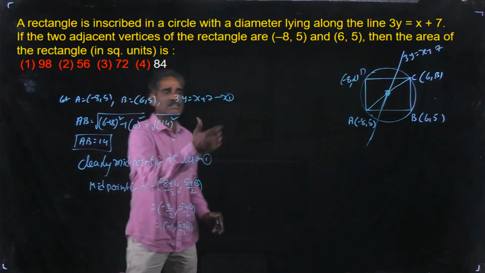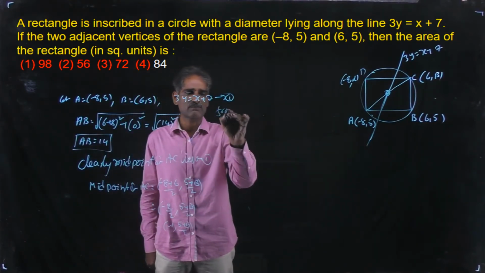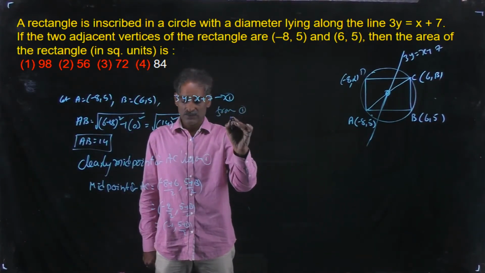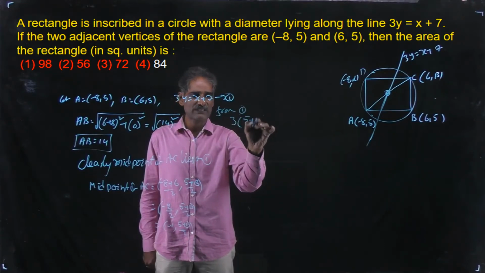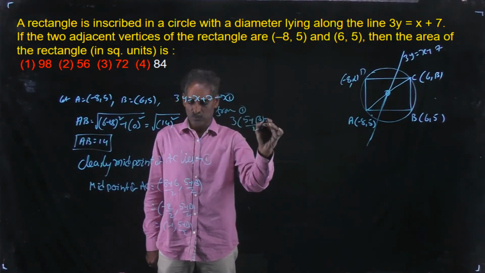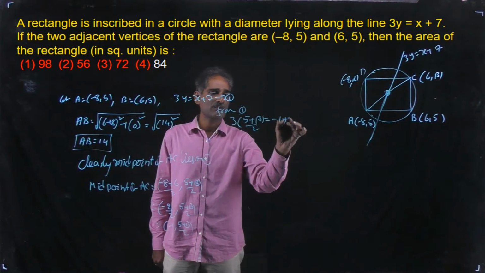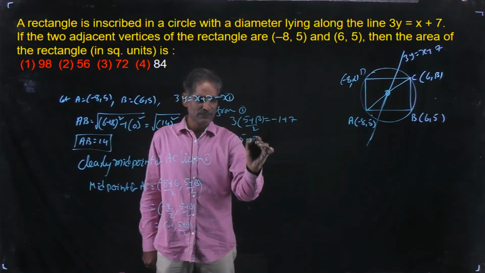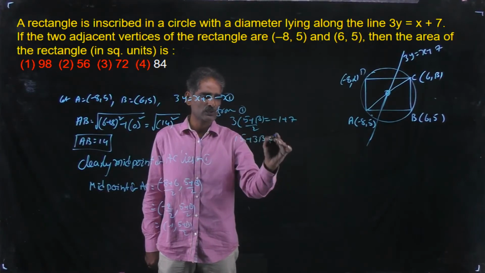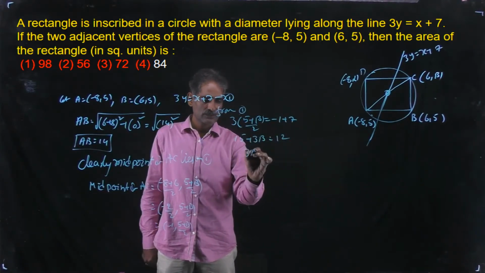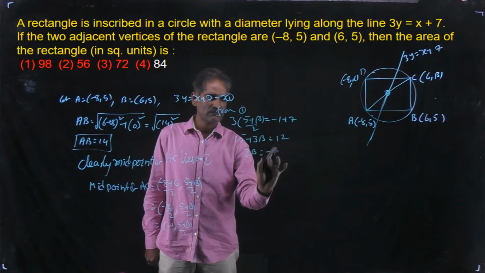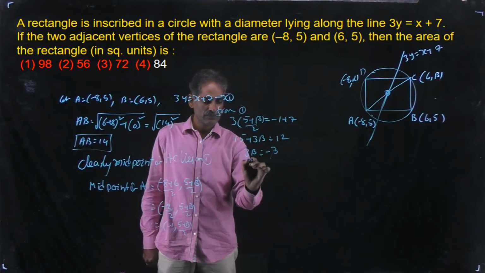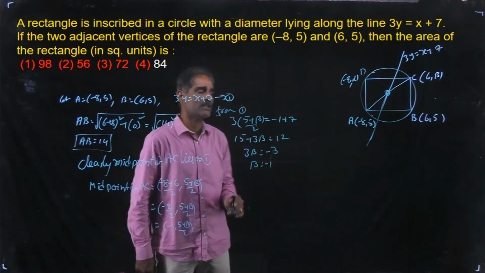Substitute this point in equation 1. From 1, 3 into (5 plus beta) by 2 is equal to -1 plus 7. 3 into 5, 15, plus 3 beta is equal to 12. 3 beta equal to -3. Beta equal to -1.